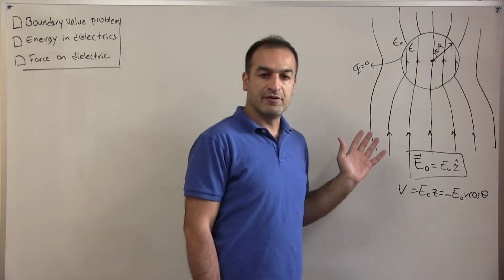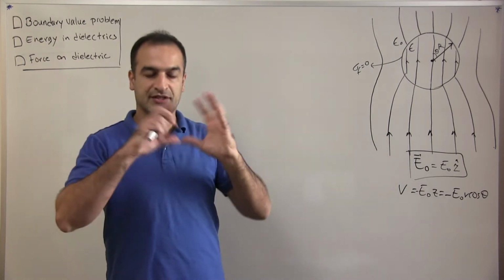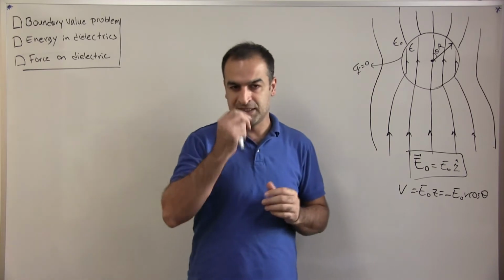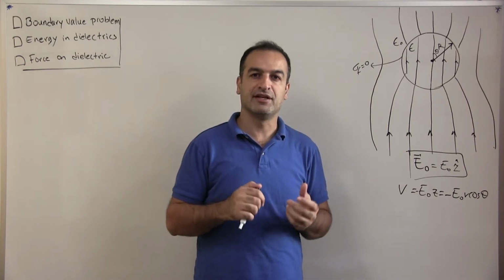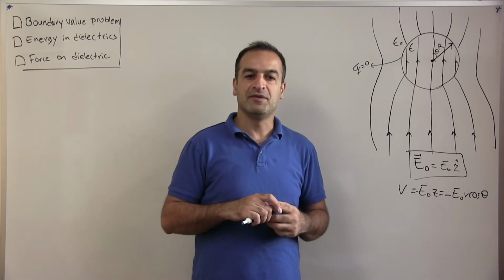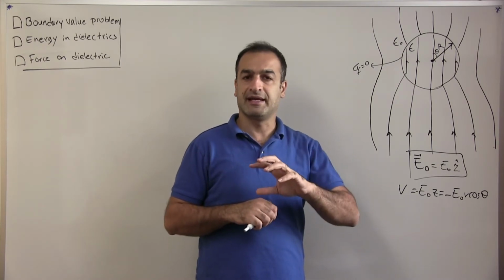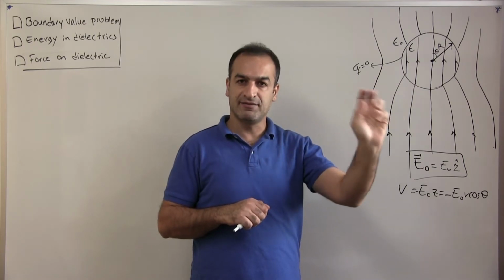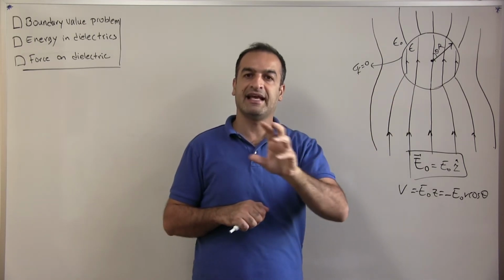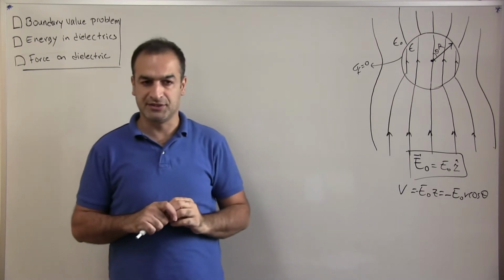Okay, so for problems like this, the general way you should think about this is basically we want to solve Laplace's equation. So we are looking for a solution that satisfies Laplace's equation as well as all the boundary conditions.